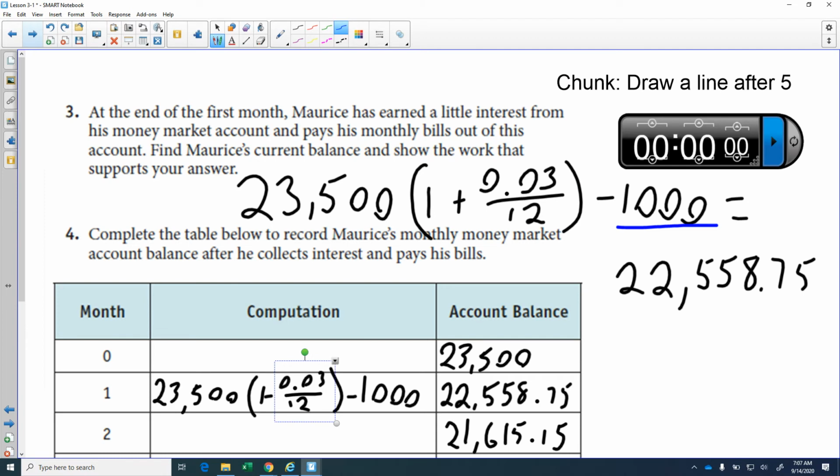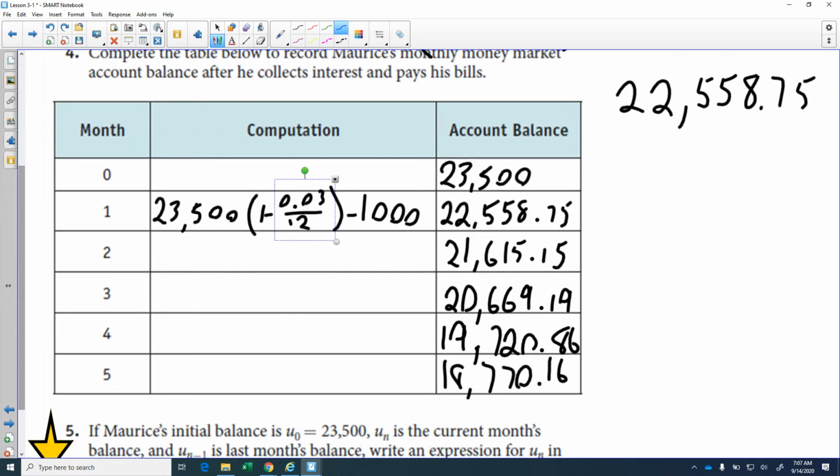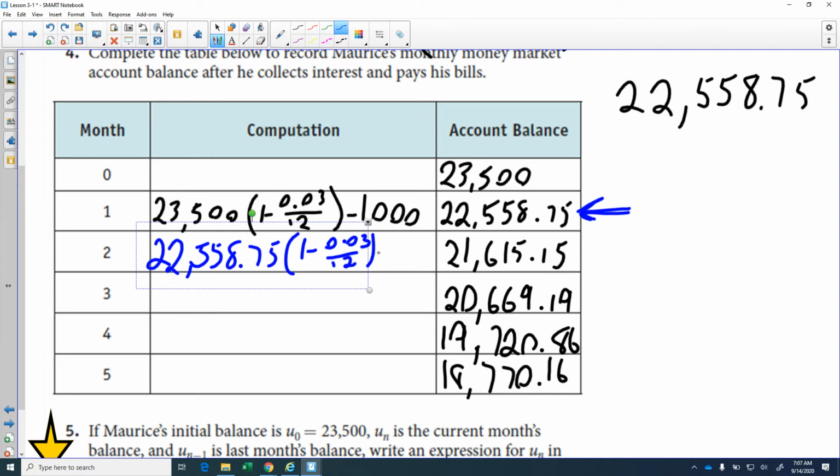Even though I started with 23,500 in month 0 and got to this value as an answer, now in month 1, this is my value. So if I want to figure out how much money I have for the next month, I need to use that as my new principal: 22,558.75 times 1 plus 0.03 over 12, minus 1,000. If we do that, we end up getting 21,615.